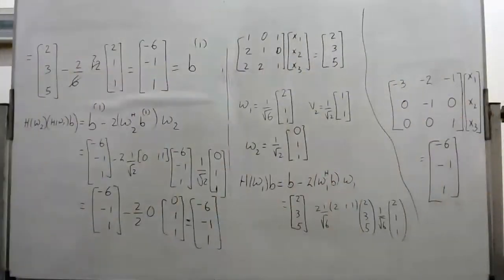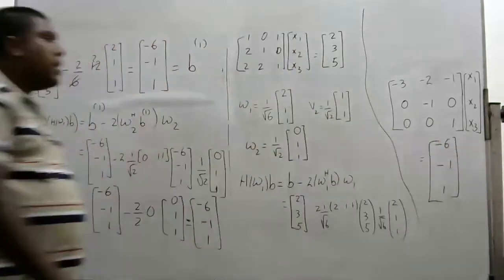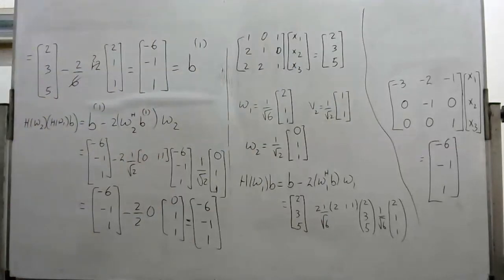Because A times H omega 1 and then H omega 2 in front gives you U, an upper triangular matrix, and the right hand side vector multiplied by H omega 1 first and then H omega 2 next gives you this right hand side vector. Now you can solve this by using back substitution.